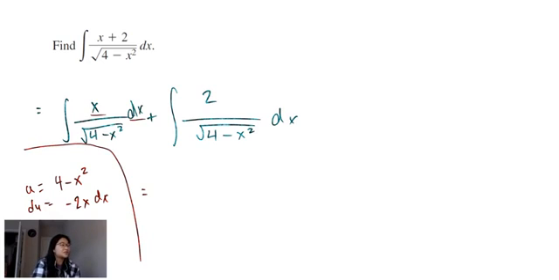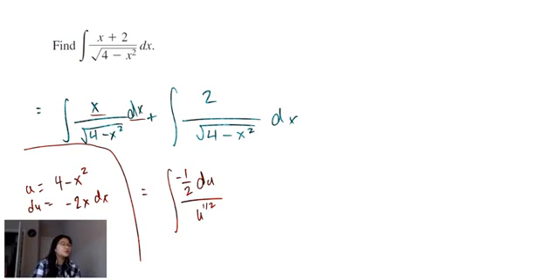This is equal to negative 1/2 du over u to the 1/2. We're integrating that. And that's not terrible. Let's see, that's power rule.